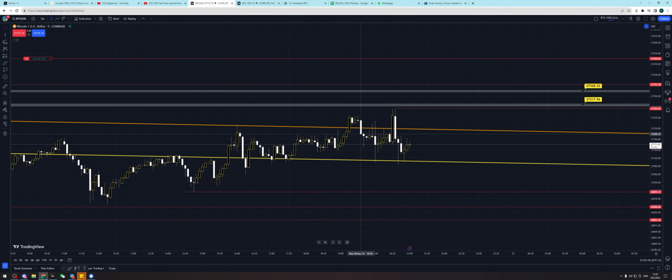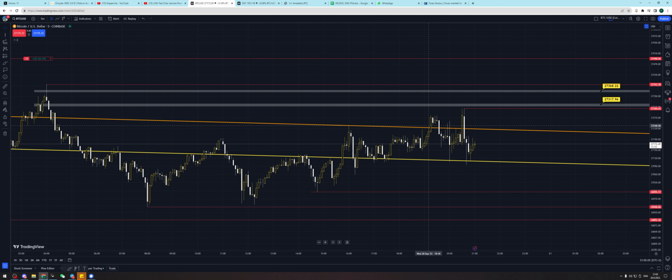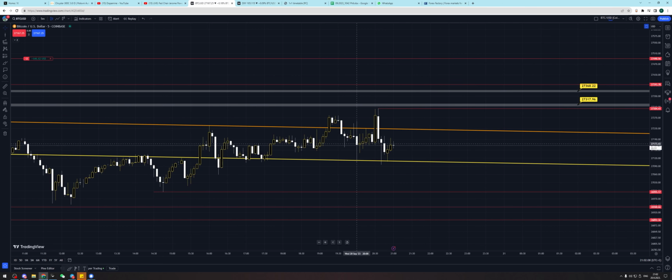Okay, so people who entered long here and here, when this high was taken, right, they got instantly liquidated before the FOMC. Then the FOMC happens, people enter shorts thinking price will go down now, and what does the asset do? It goes up to liquidate all of those late shorts and these shorts here.